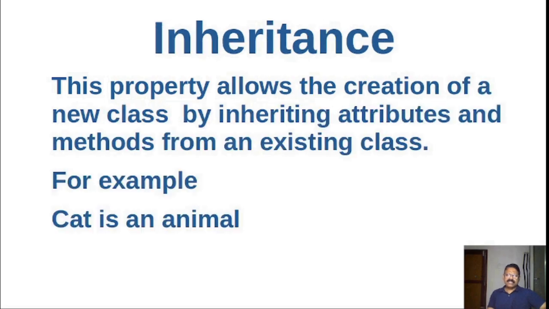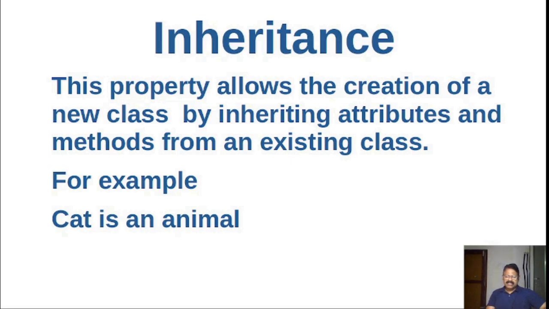The next property is inheritance. Once we have a well-defined class, we can create new classes from it. That is, we are creating new classes by inheriting attributes and methods from an existing class. For example, cat is an animal. Animal is a superclass.